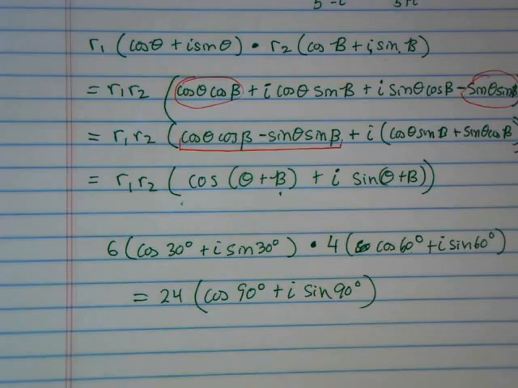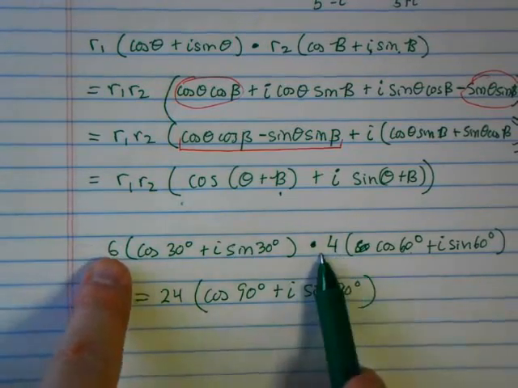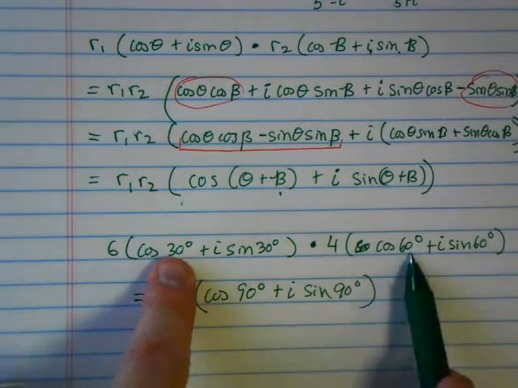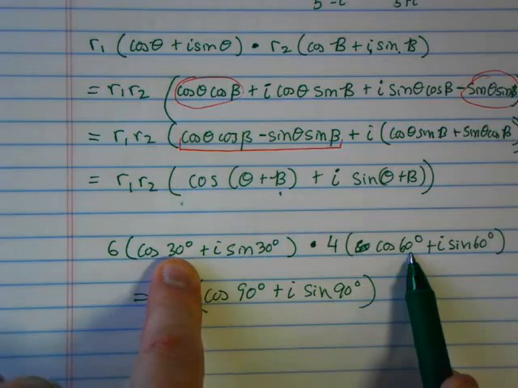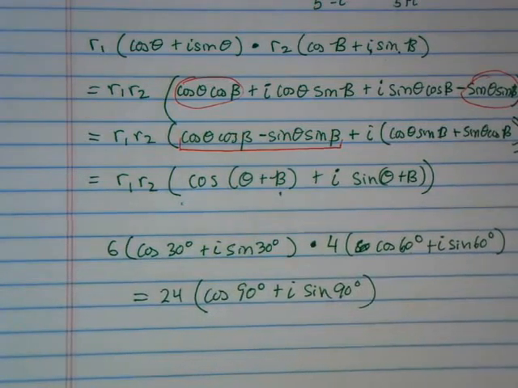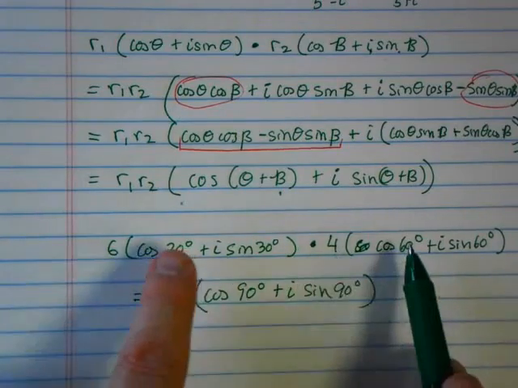If my complex numbers are written in trig form, to multiply them, all you do is you multiply the numbers out front and you add the angles. You don't have to do any FOIL. You don't have to do any i squared is -1 stuff. That's all you do. Multiply the numbers, add the angles.